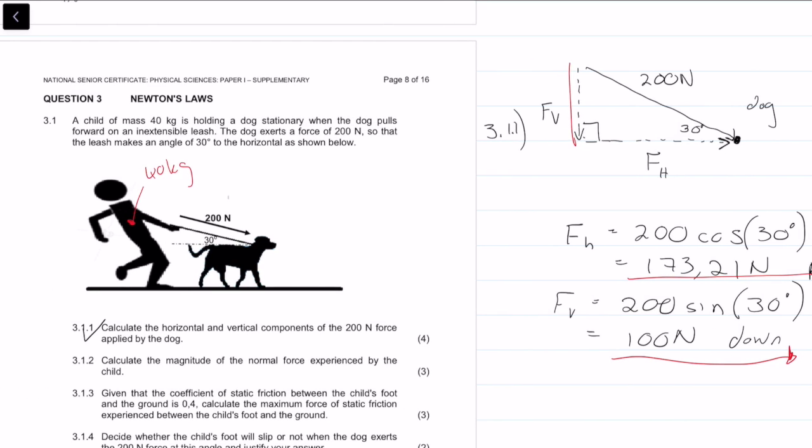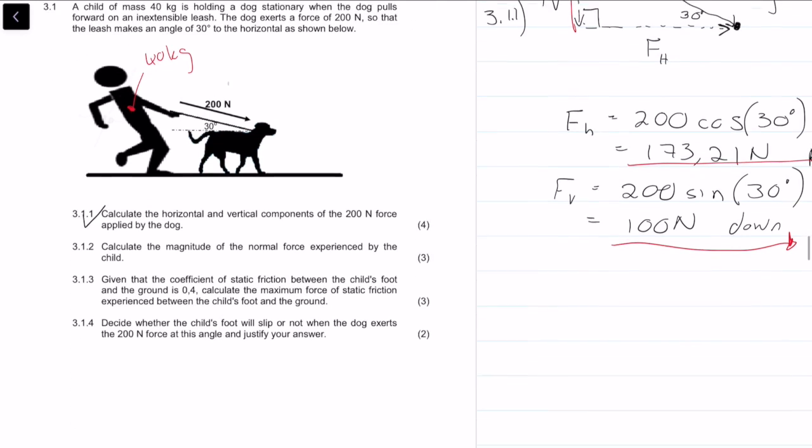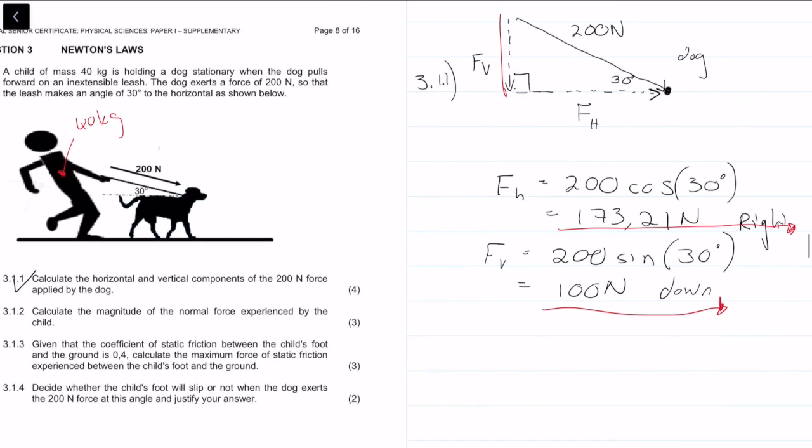Cool stuff. Okay, now it says calculate the magnitude of the normal force experienced by the child. Okay, so 3.1.2, let's draw a quick diagram of the child. So this time we have the child.